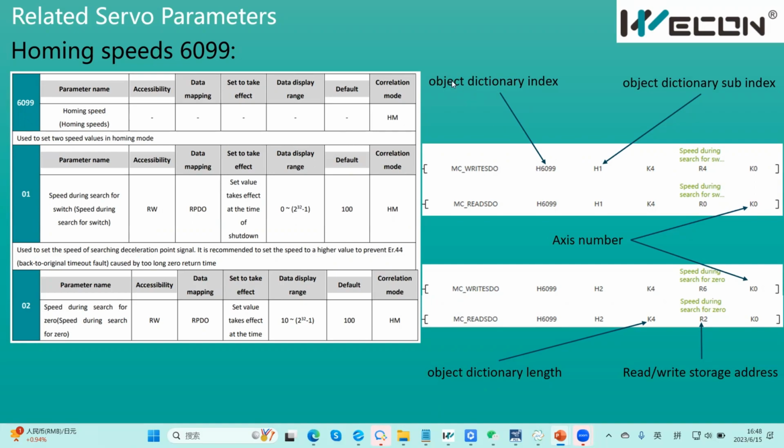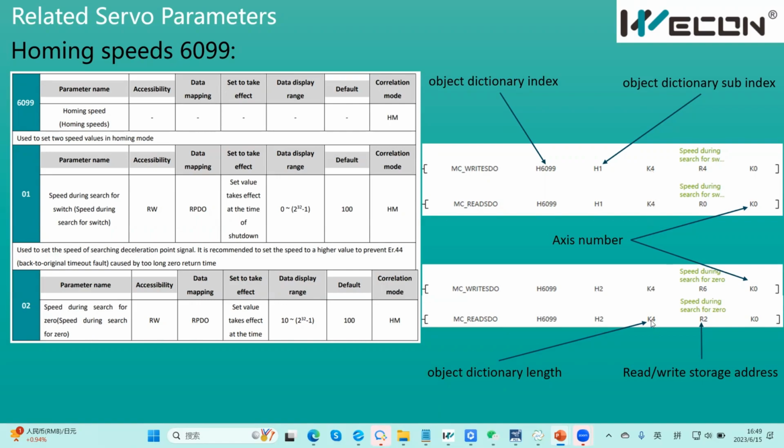First parameter is the object index. For this parameter, it is 6099. And the second parameter is the object sub-index. Just these two, 1 and 2. So this is the read and write for speed 1, and this 2 is read and write for speed 2.